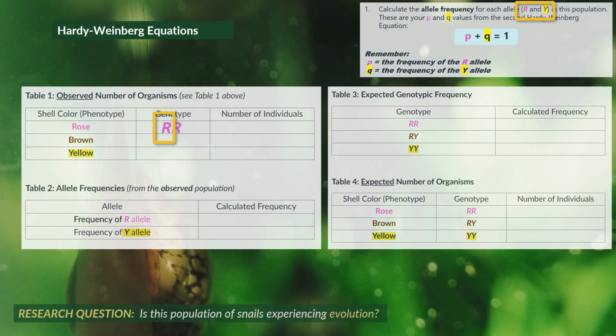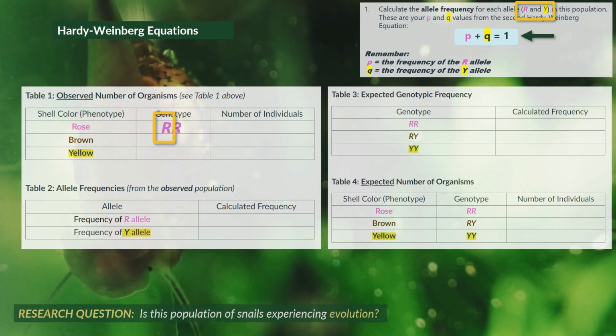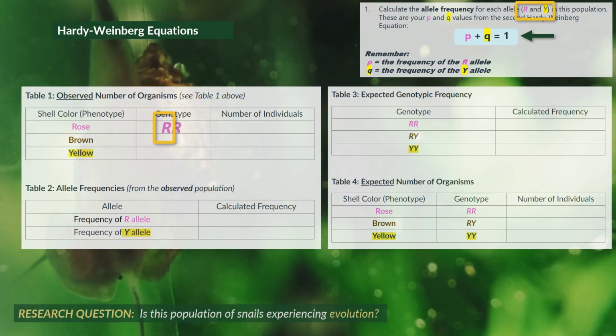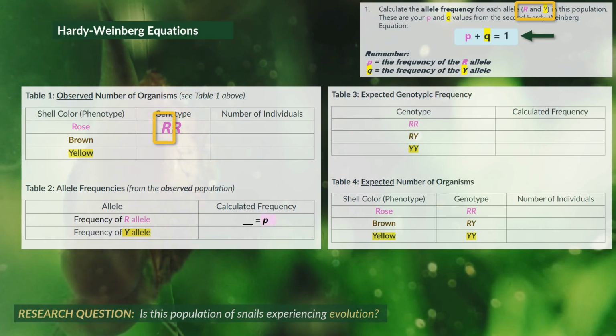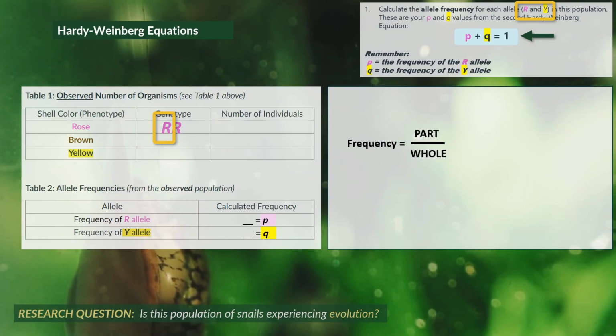And so we can do this through our Hardy-Weinberg equation of P plus Q equals 1, remembering that the frequency of the R allele is going to be represented by P, and we're using Q to represent the frequency of our Y allele. So just like with any frequency, you are going to calculate each respective frequency by dividing the part over the whole. What does that mean?